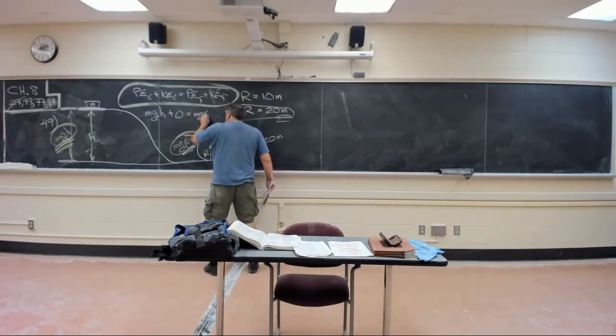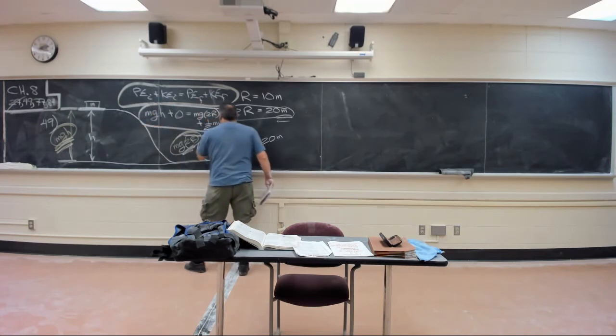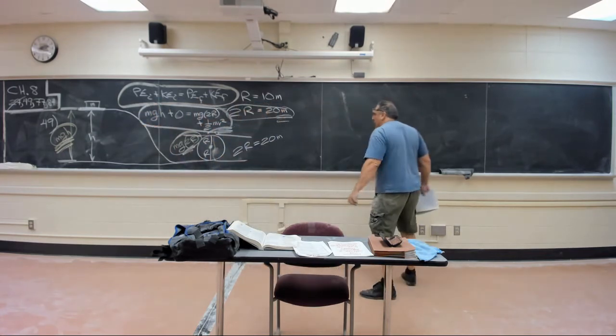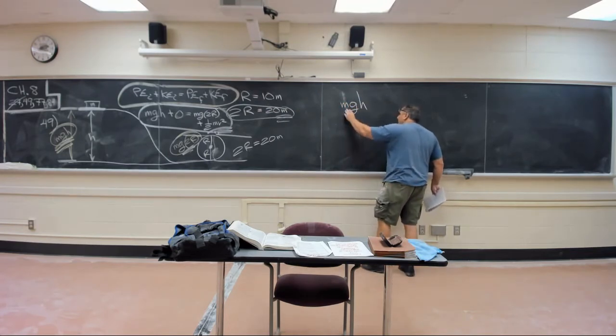So mg2R plus 1/2 mv squared. That's where you're going to find it. The initial is only potential energy, but a lot of potential energy.